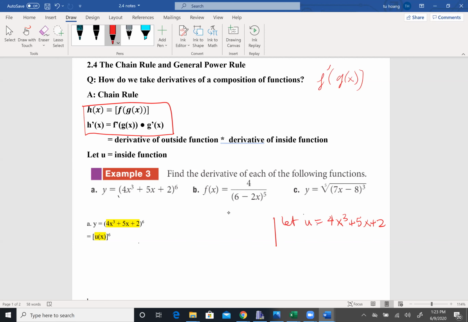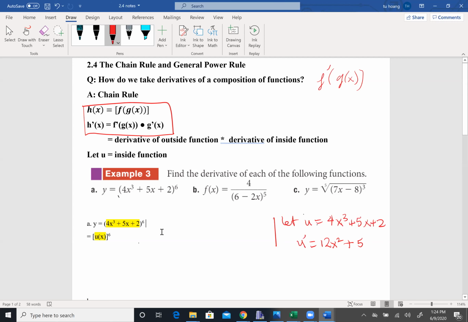Now I would like to find the derivative of the inside function, so it's going to be u prime. Taking the derivative gives me 4 times 3, which is 12x squared, plus 5. So that is u prime.